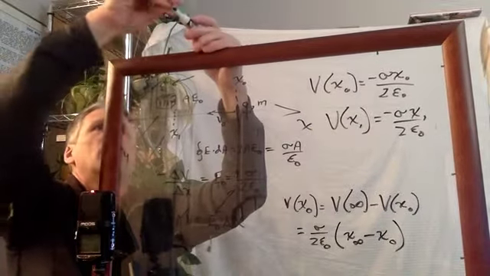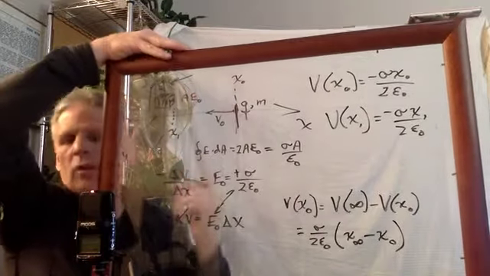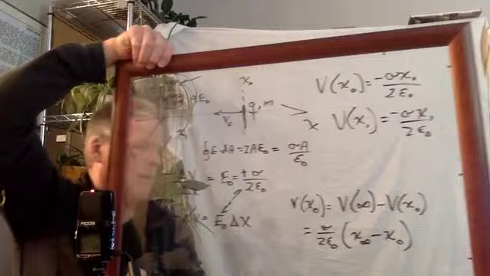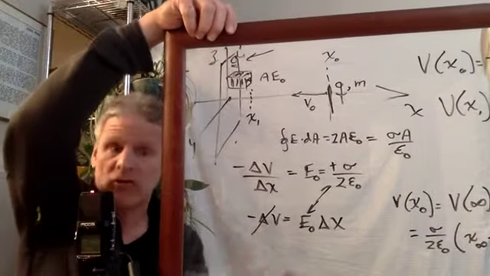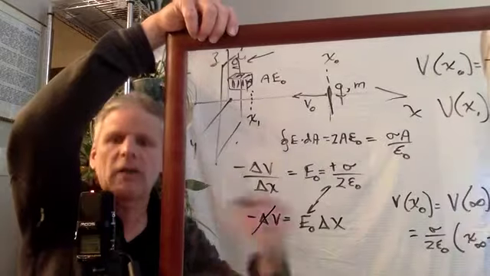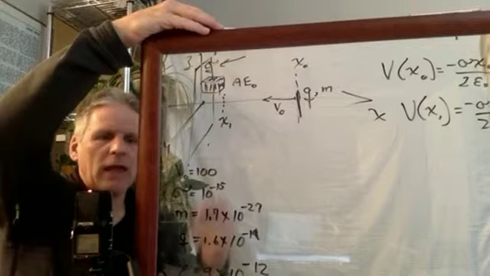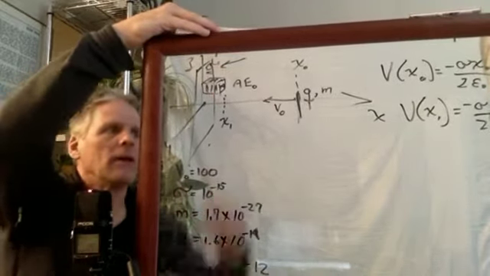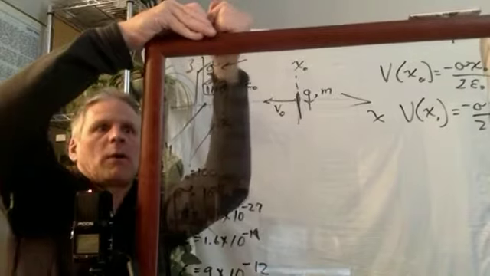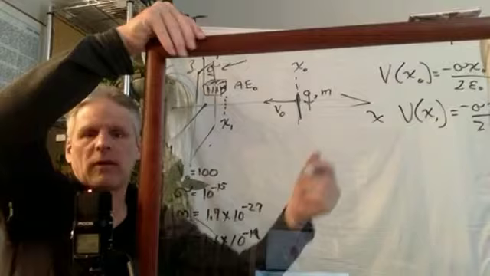All right. So now we are pretty much done, because what is our potential energy? You will recall, the electric potential is just the potential energy divided by the charge. So potential energy is just charge times the electric potential.